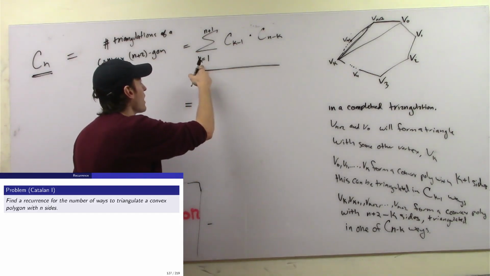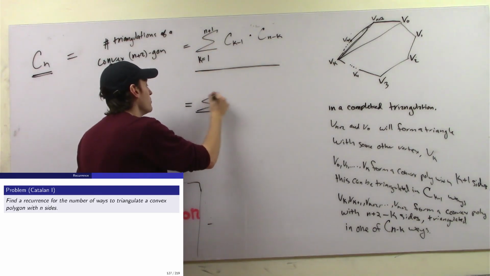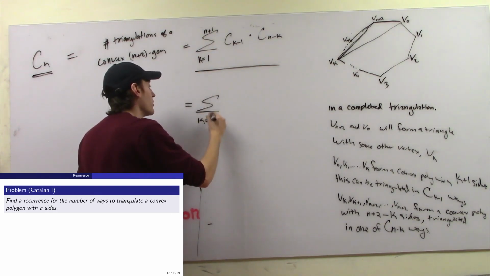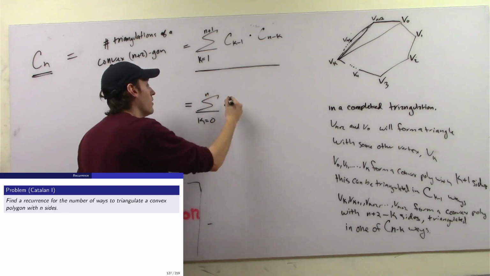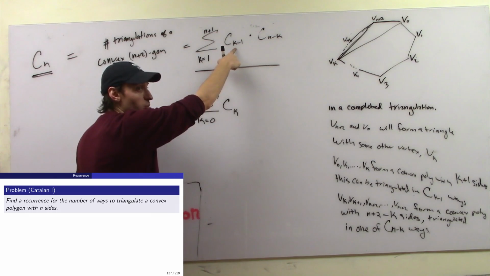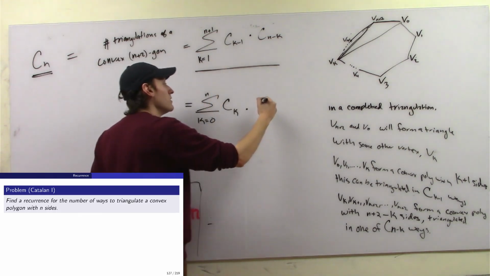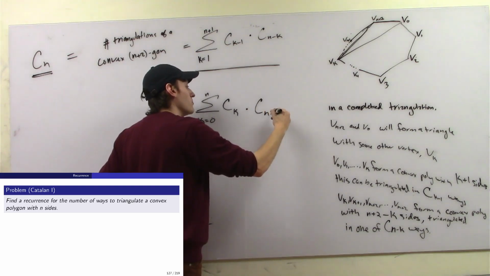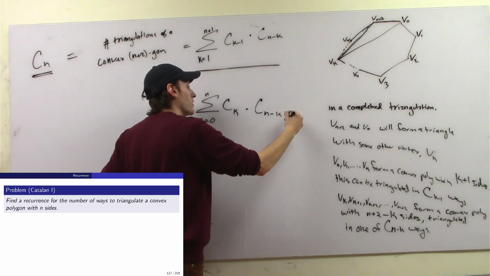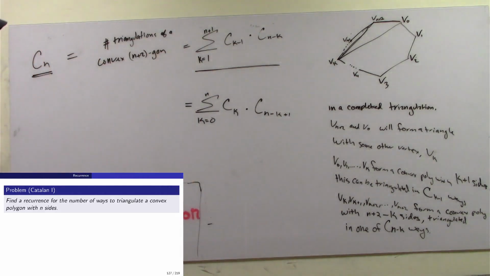Instead of going from k equals 1 to n plus 1, you can go from k equals 0 to n of C sub k. Instead of plugging in 1 and doing C sub 1 minus 1, you can plug in just 0 times C sub n minus k plus 1. So this is another way to write this, and maybe this is more natural for some.